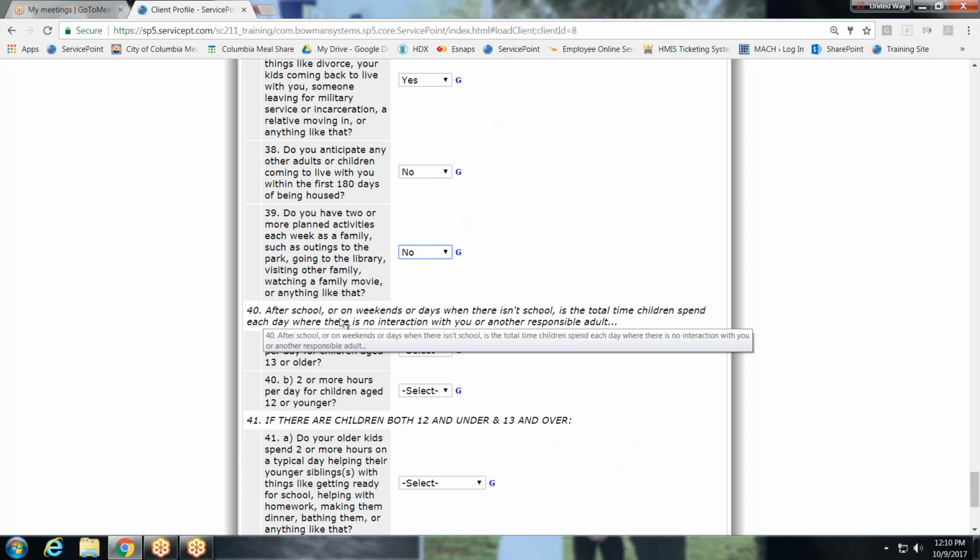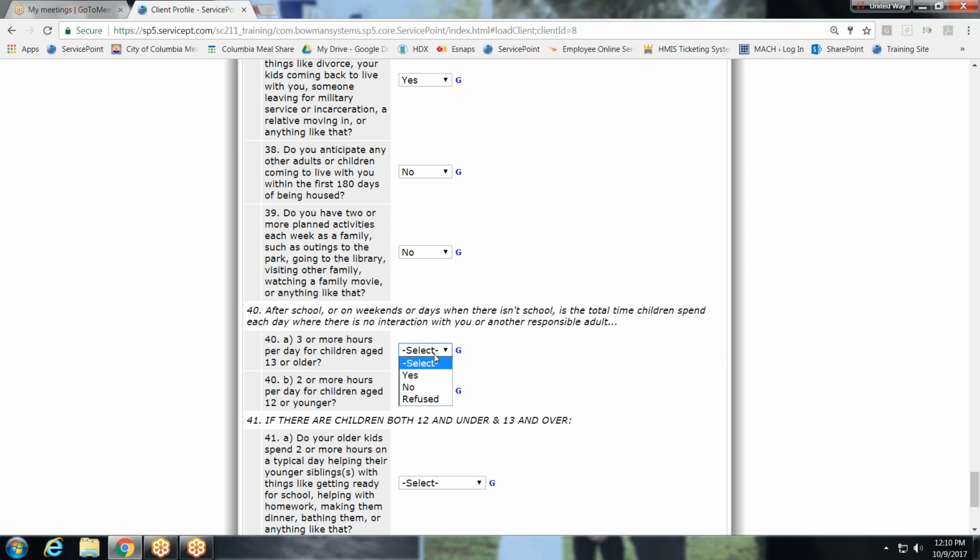All right, after school or on weekends or days where there isn't school, is the total time children spend each day where there is no interaction with you or any other responsible adult 3 or more hours per day for children aged 13 or older? He's 2. Okay. All right, what about 2 or more hours per day, children aged 12 or younger?